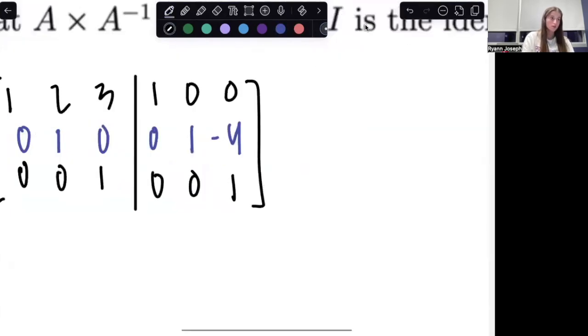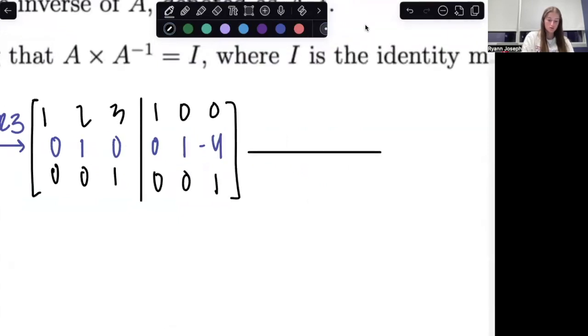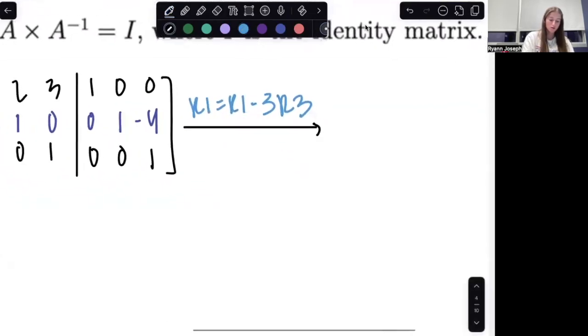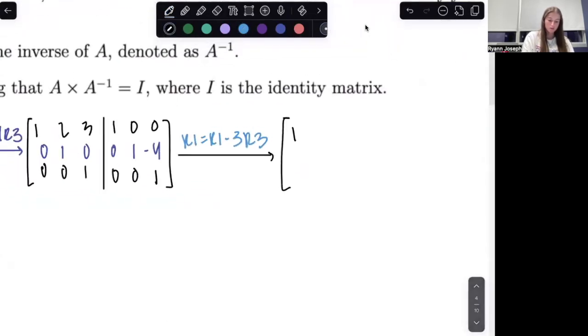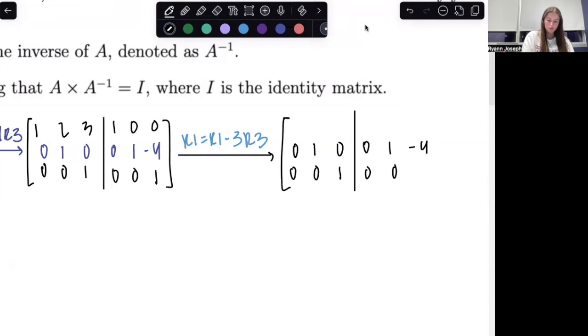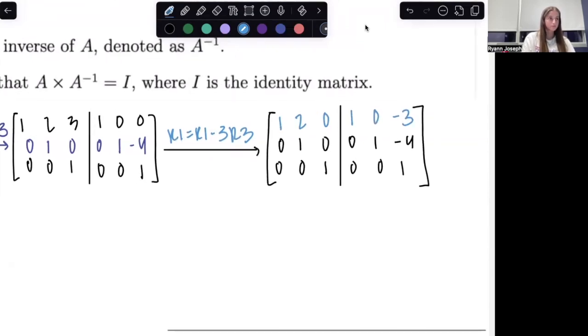And then let's do row 1 equals row 1 minus 3 times row 3 to get rid of the 3. It's going to be 1, a 2, 0, 1, 0, negative 3.